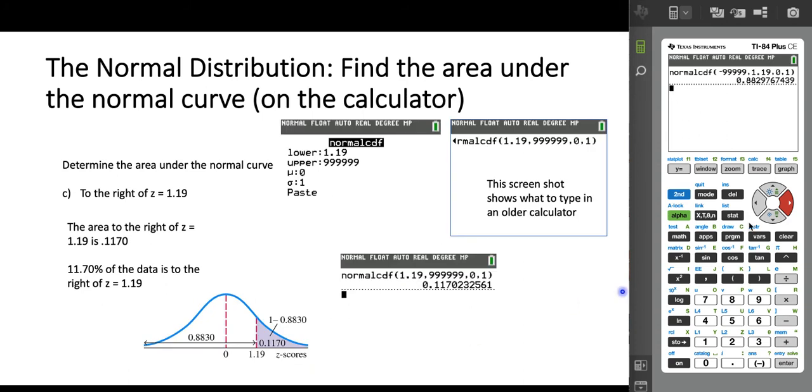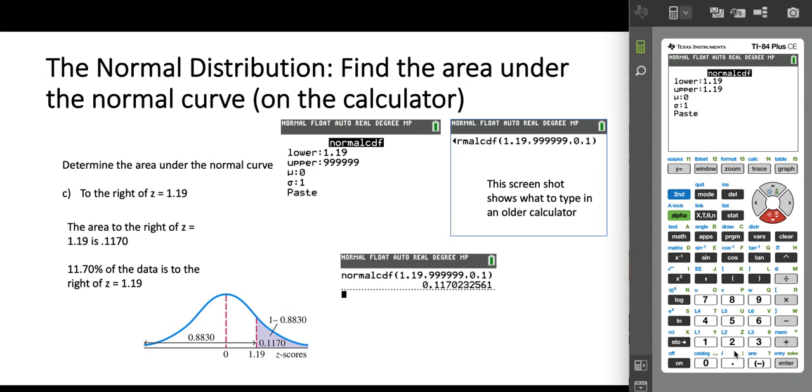Now, if we're doing that on the calculator, once again, press second distribution, normal CDF, and the lower value, the value to the left, is actually 1.19. So we'll put 1.19 there. We want the area to the right, remember? So the lower z-value is 1.19. And now we need a really big value.